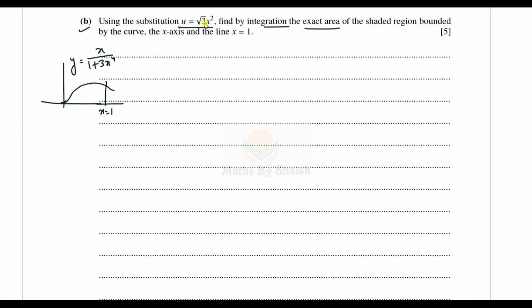Now we need to substitute this, but we know the meaning of area enclosed by the region. It is denoted by the integral from 0 to 1 of y dx, because it is going to start from here. This is the area enclosed by the curve from 0 to 1, and it can also be written as the integral from 0 to 1 of x over 1 plus 3x to the power 4 dx.